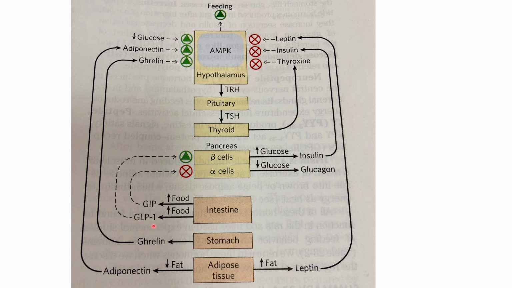GLP-1 is the substance that has analogs now for a lot of the weight loss entities that were designed originally to deal with type 2 diabetes.